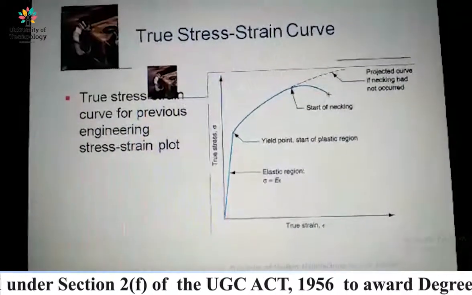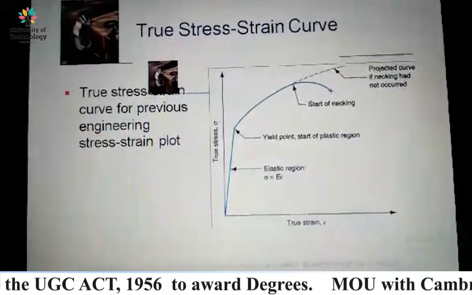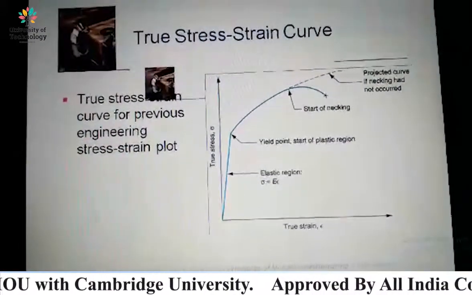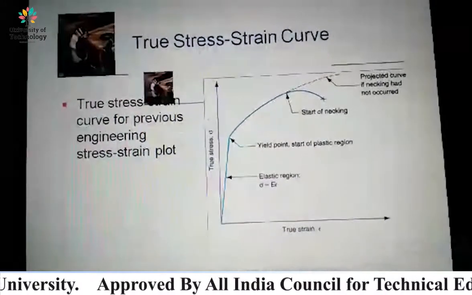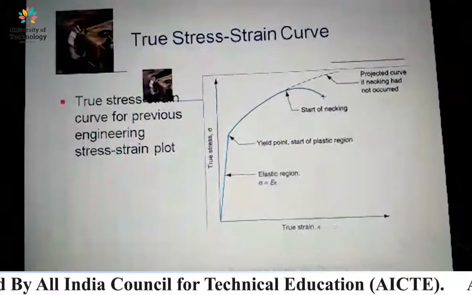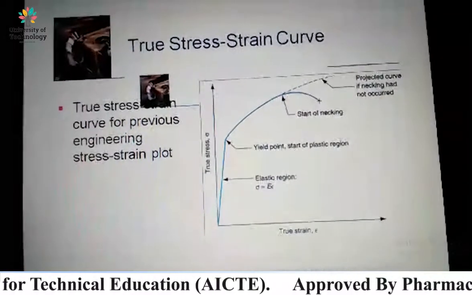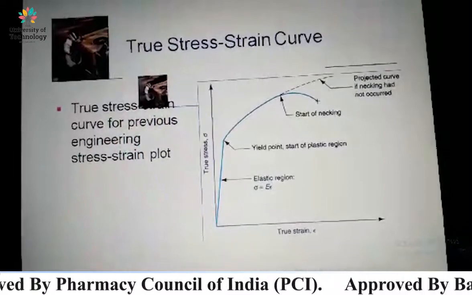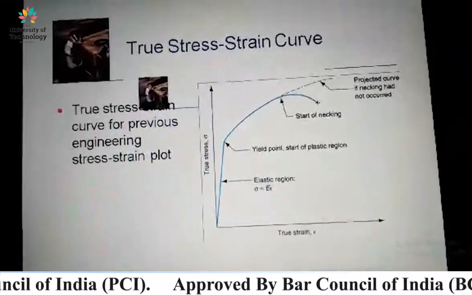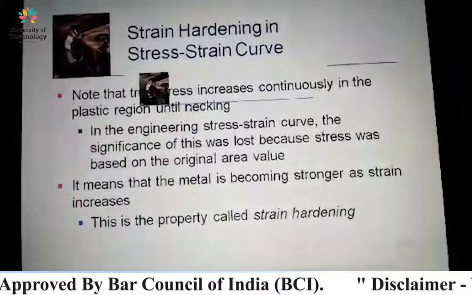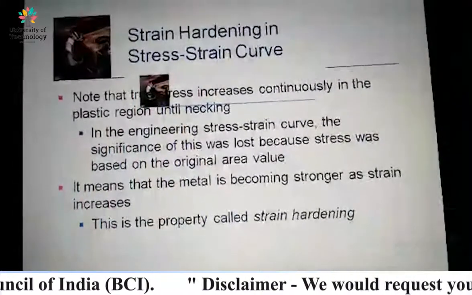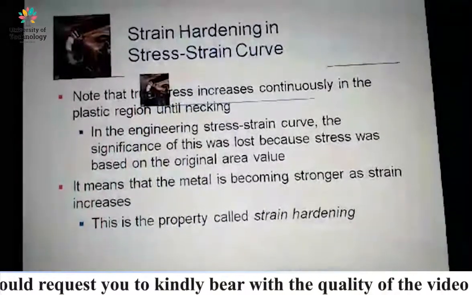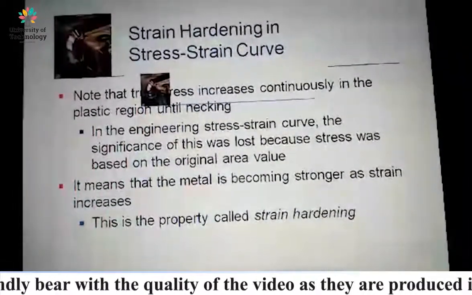Next is the true stress-strain curve. This is the stress-strain curve and defines the true stress curve for the previous engineering stress-strain plot. You can see this is the elastic region, this is the yield point, the start of necking, and the end point is the fracture point, right? This is strain hardening in the stress-strain curve, right? Note that true stress increases continuously in the plastic region until necking.